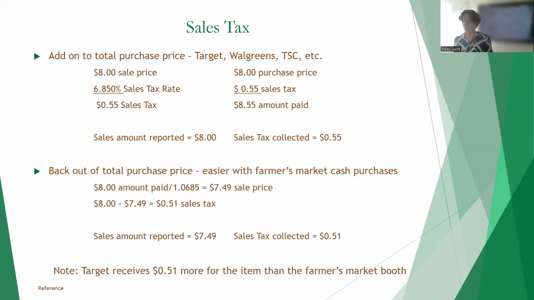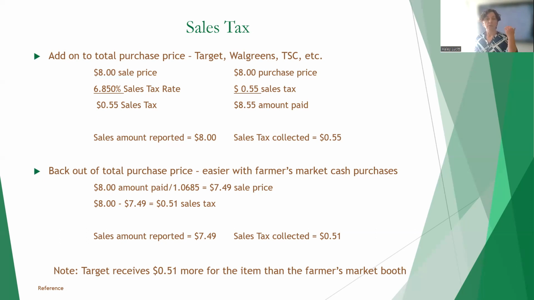This is the example I mentioned earlier about the difference between backing out or adding on. At farmers market, I know adding on doesn't work. Nobody wants to deal with change. It's not feasible. But if you have your own farm stand at your house or something, it might be something to consider because you do make a little bit more money.